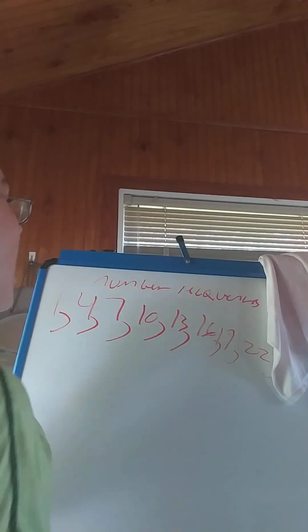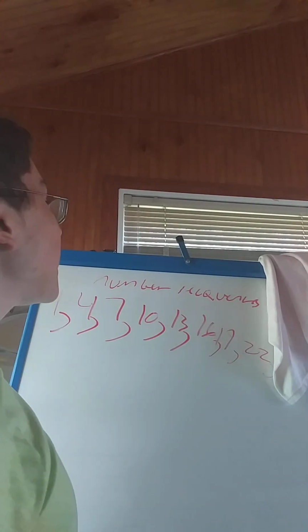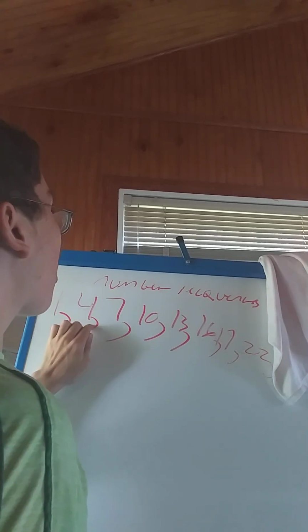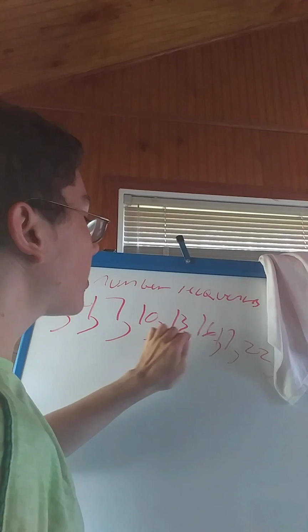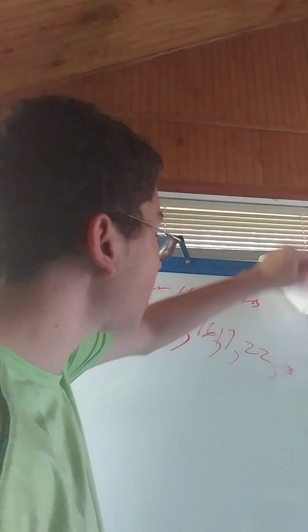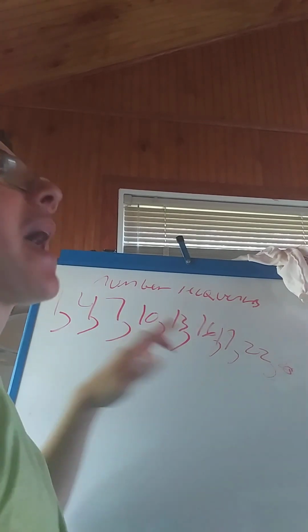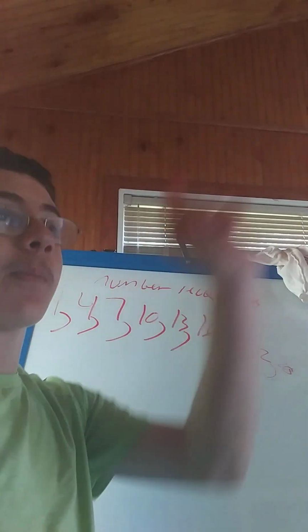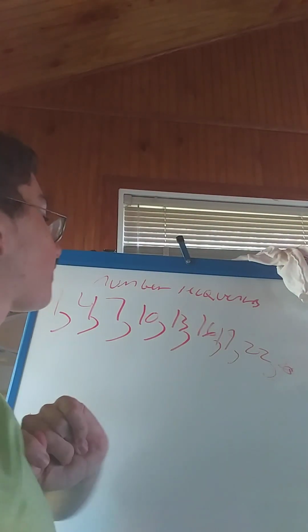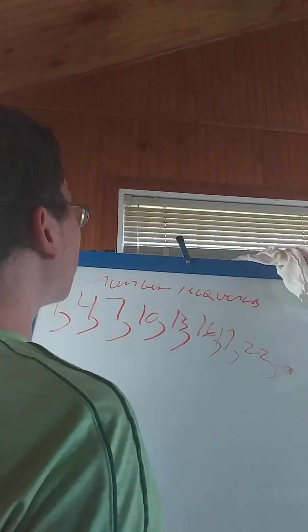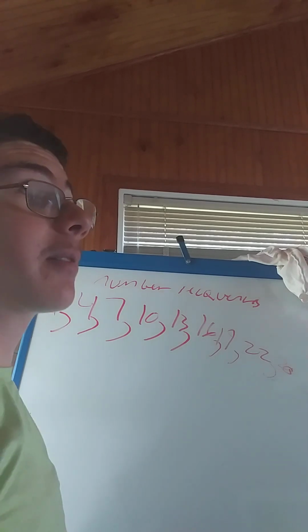Okay, so by all of these numbers, 1, 4, 7, 10, 13, 16, 19, 22, and 25. So, does somebody see a pattern here with these numbers? Okay, yeah. So, exactly.